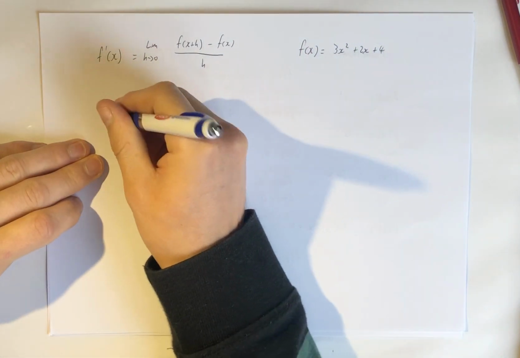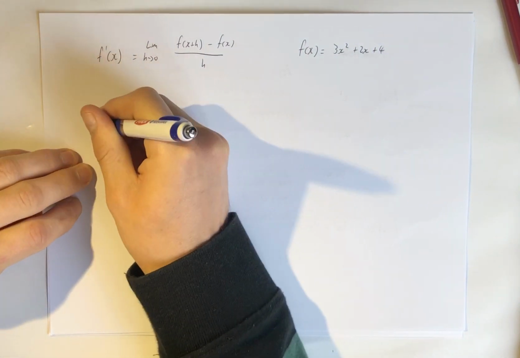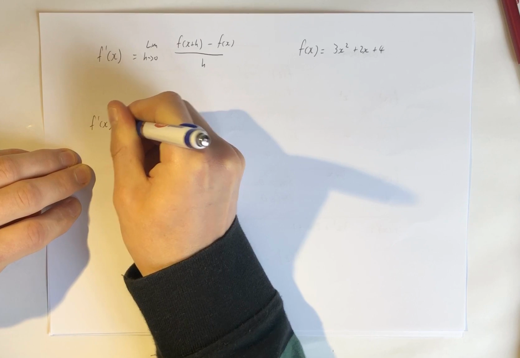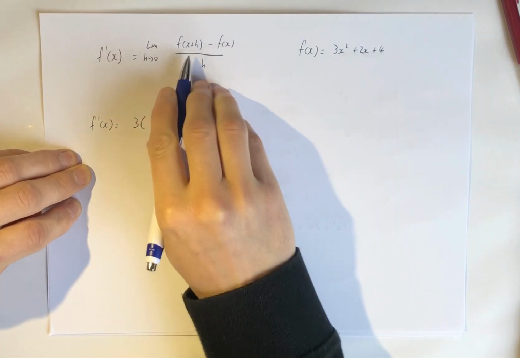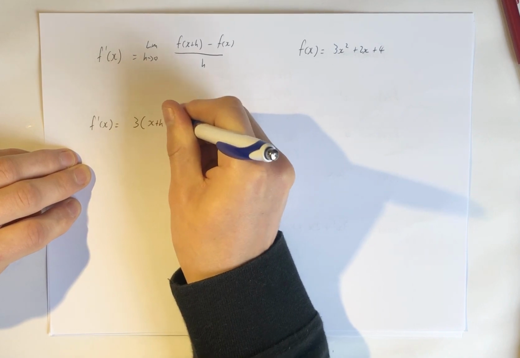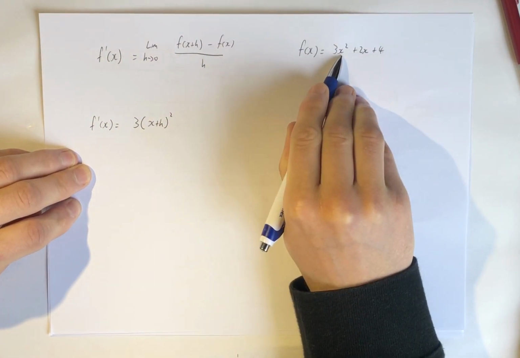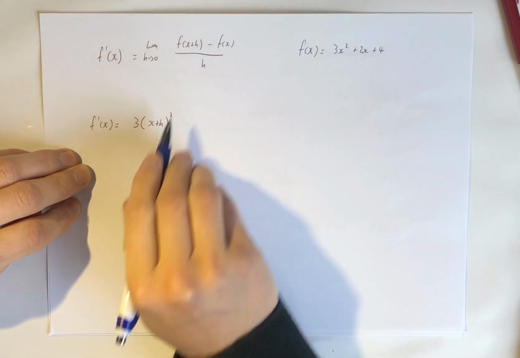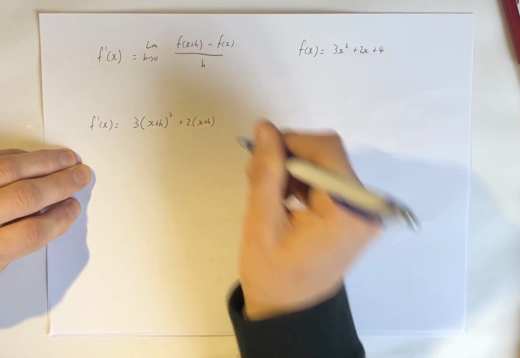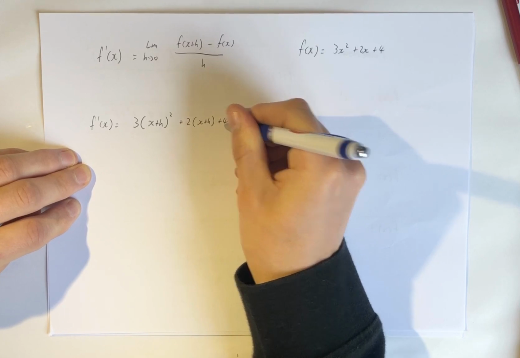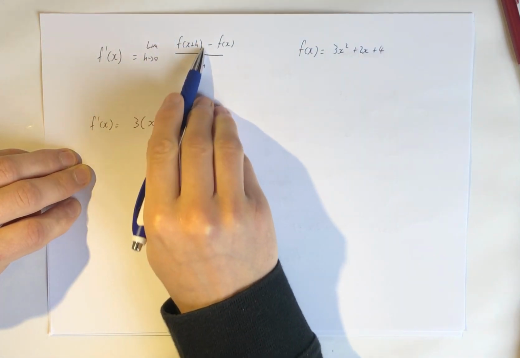So this is going to be f prime of x is going to be 3 times x plus h squared. So I'm just replacing x with x plus h for this first part, plus 2 x plus h plus 4. So that's only doing this first part.